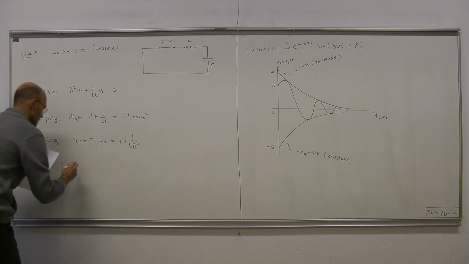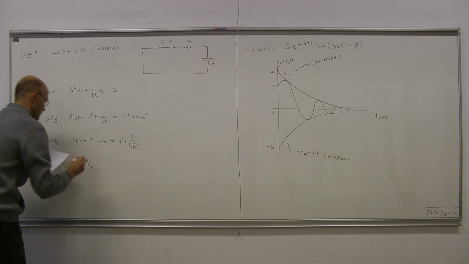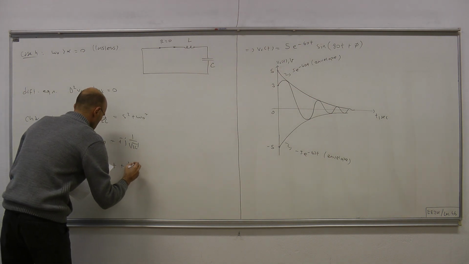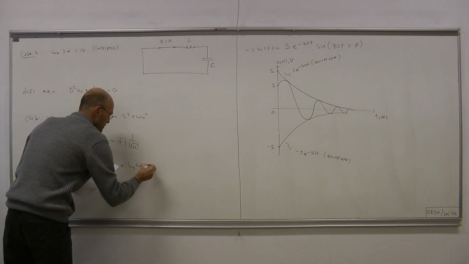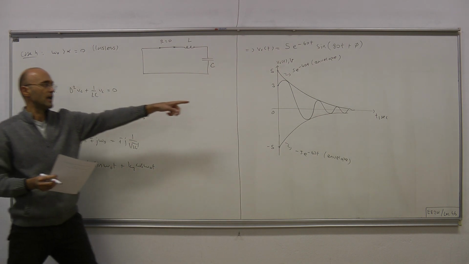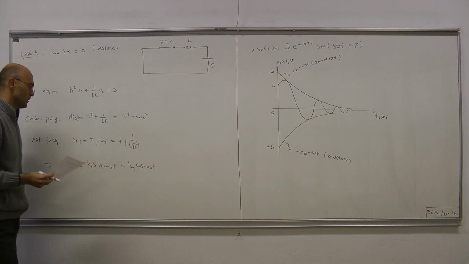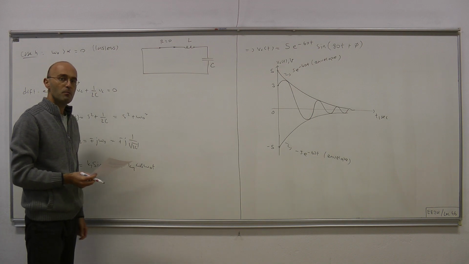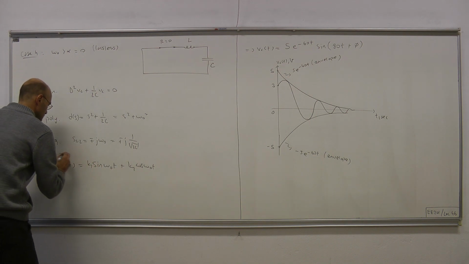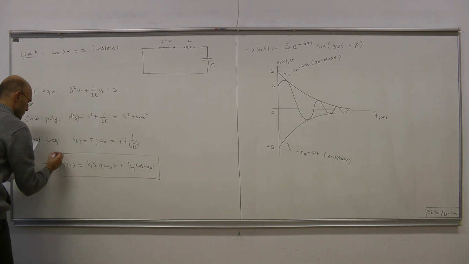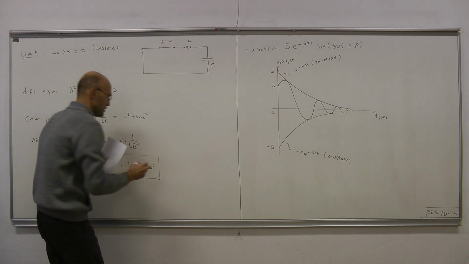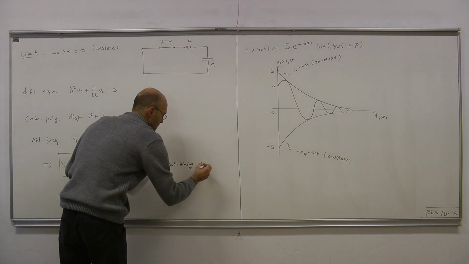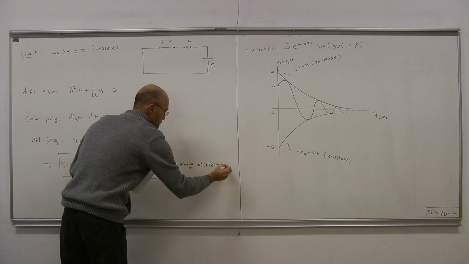The solution has this form: K1 sine omega 0 t plus K2 cosine omega 0 t, which, like the trick that we used in the previous example, can be written as a single sine or single cosine with some non-zero phase. This corresponds to sustaining oscillations.